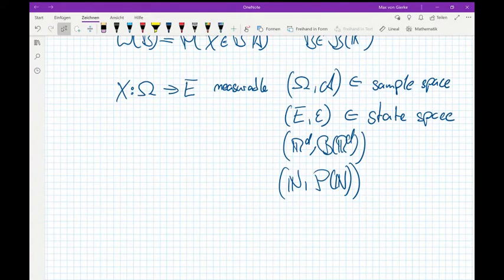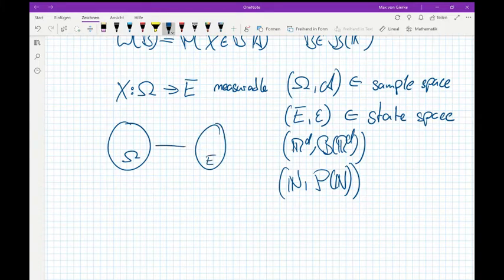Well, with a picture, we have this omega. This is our sample space, and we have our state space here, and X maps from omega to E. We have here this sigma field, and P takes values in here, and P doesn't take values in here.